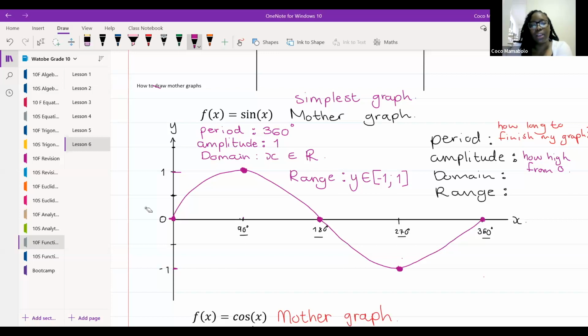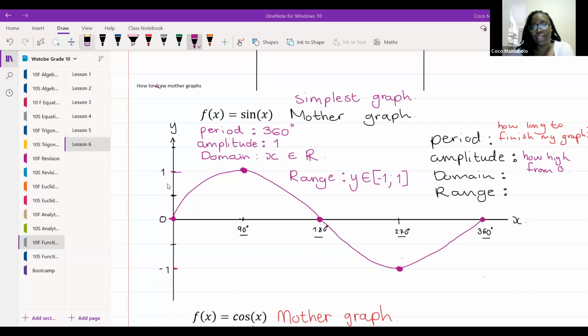Okay, Eunice, my domain is all my x values. Okay, x is an element of real numbers. But normally, guys, in a test or an exam, your question, like the range or the domain you've been given, will not say x is an element of real numbers.